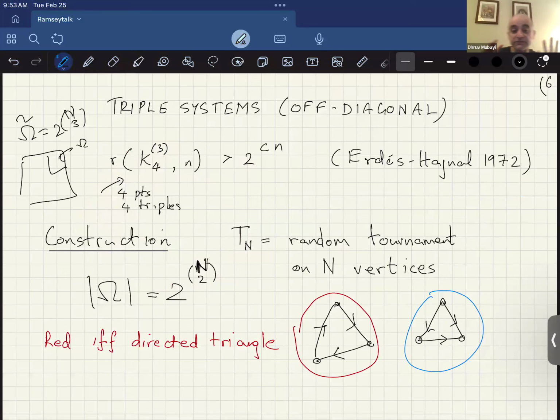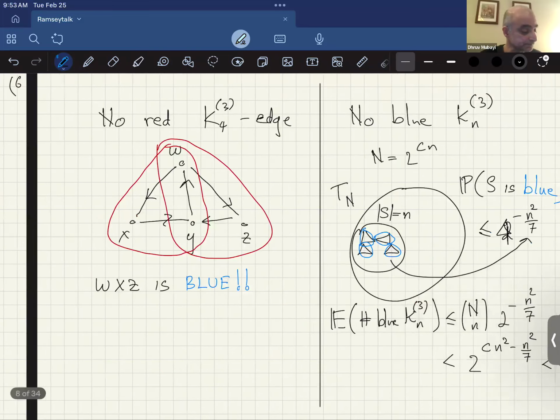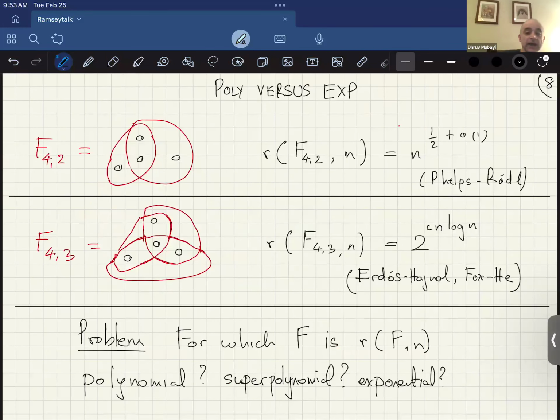Okay, this was the first construction in this area in some sense, but it is fundamental in the field. Not the specific construction, but the idea behind it. The idea is that we had some randomness on the pairs, and we used that randomness together with some not at all random, deterministic rule on the triples from the randomness on the pairs.